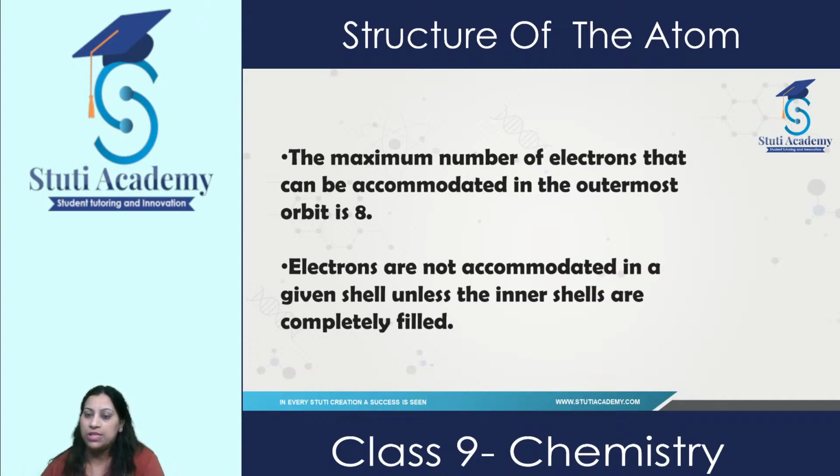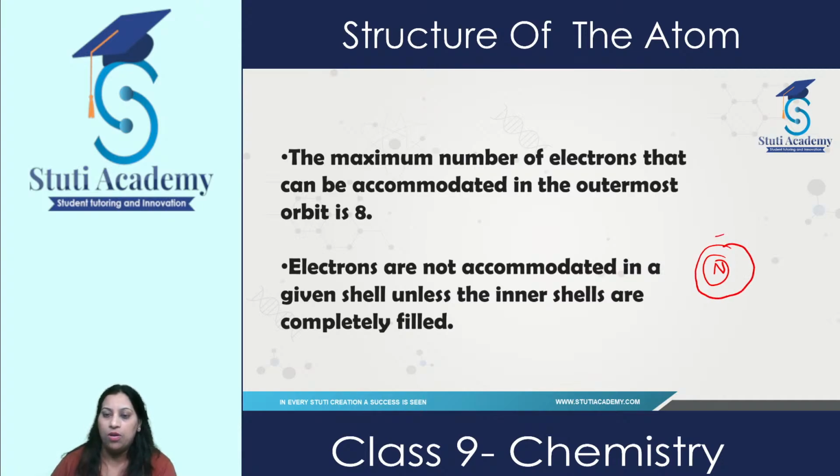So if we see the structure of an atom, as you can see here, the nucleus is present in the center and electrons revolve around it in particular orbits. These are the orbits, or we call them energy shells. But there are certain rules when we are filling electrons in these orbits.